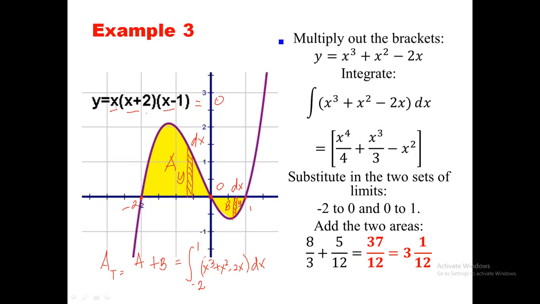The other area will be B. Place it here, which is on top. This time your limits of integration will be from 0 to 1. Your y in this case is the y of the line minus the y of the curve, and that would now give you a negative. For it not to be negative, you place negative before it, because without the negative sign here, your answer for this integral will be negative. So you have negative of x cubed plus x squared minus 2x.